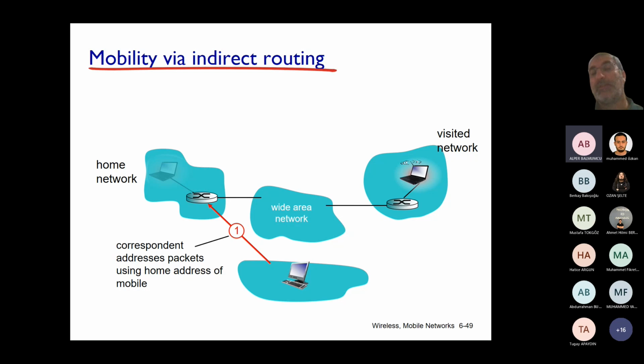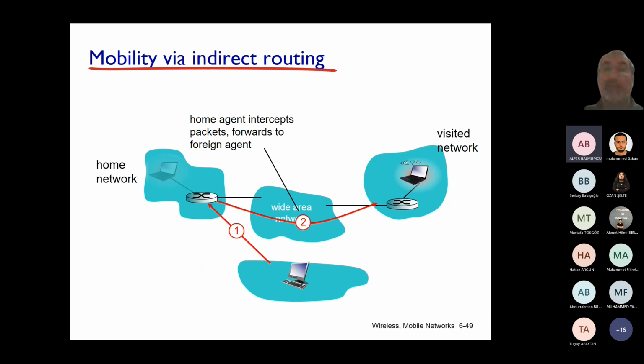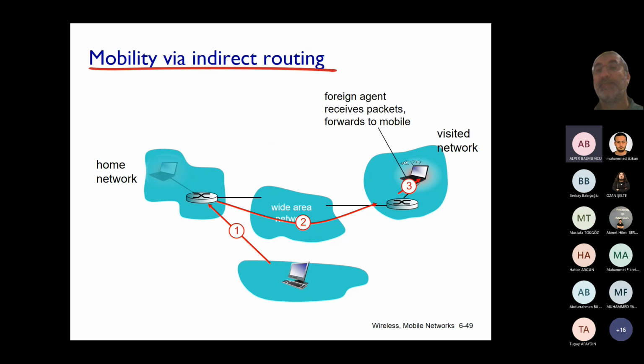The correspondent, first of all, is going to send the packets using your home address of mobile, your permanent address basically. And then the home agent intercepts this packet and forwards it to the foreign agent that just registered, remember, in the visited network. And then the foreign agent is going to forward this packet to the mobile device.